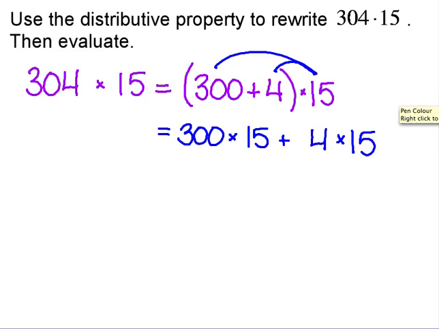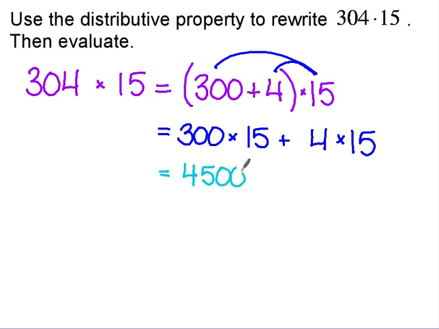So now we need to evaluate those individually. 300 times 15. I need to think, what is 3 times 15? And then I can just add 2 zeros. So what is 3 times 15? 45, yep. And so then I'm going to add 2 zeros.